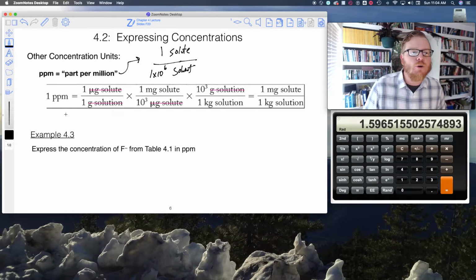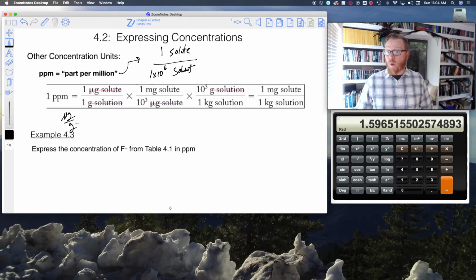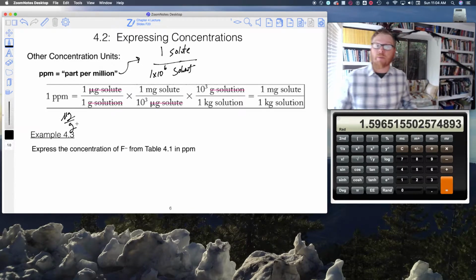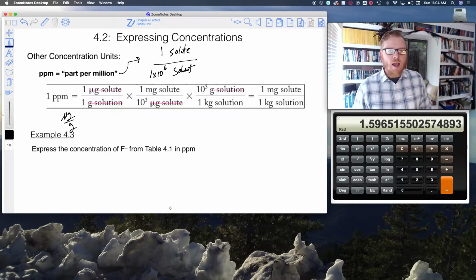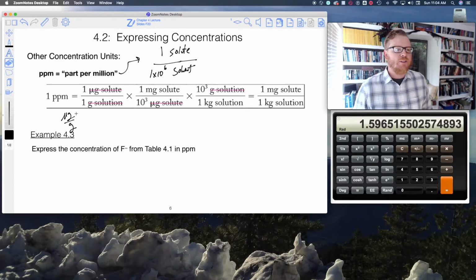So this is a microgram per gram, okay? So a microgram is 1 times 10 to the minus 6 grams. So there's our part per million, right? Instead of saying for every one solute particle, I have 1 million. Let me write this up over here actually. So instead of saying what I said right here, for every one solute molecule, I have 1 million solution molecules.